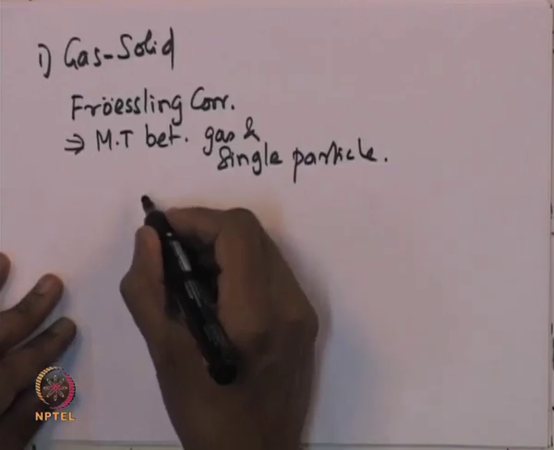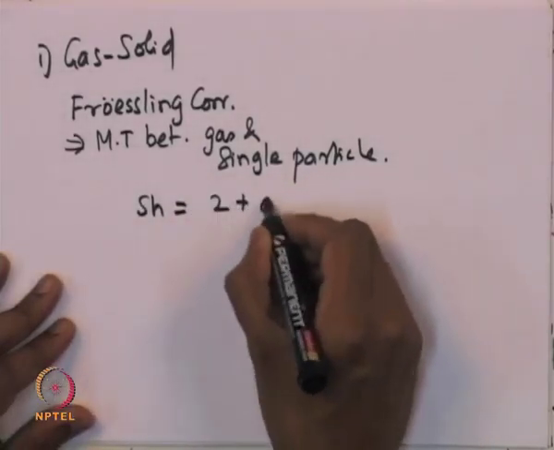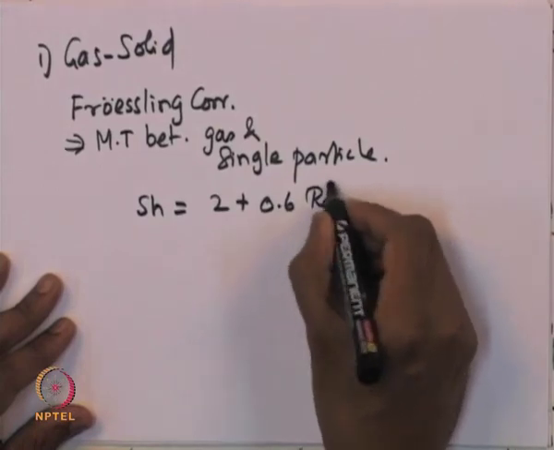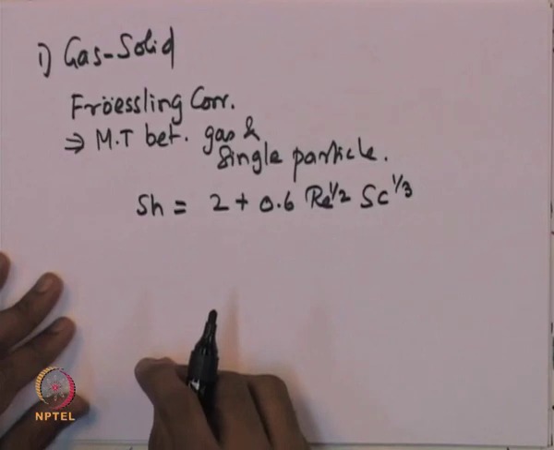It is given by Sherwood number equal to 2 plus 0.6 into Reynolds number to the power of half into Schmidt number to the power of 1 by 3.